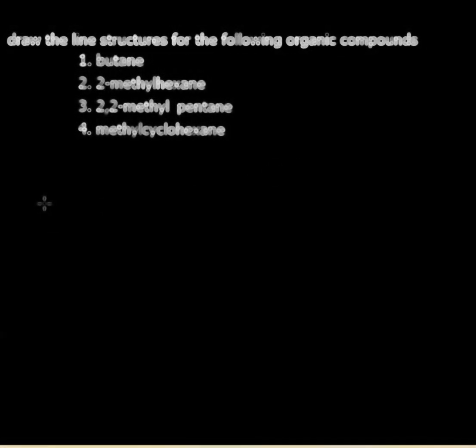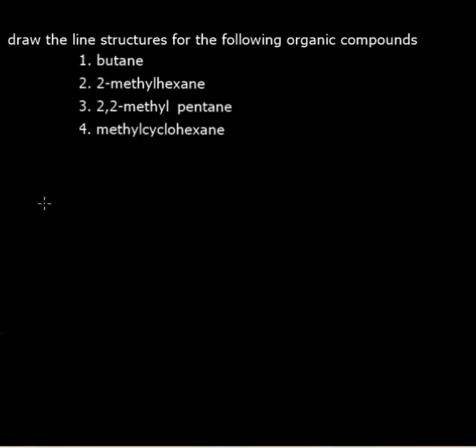So let's say you are told to find or draw the skeletal formula for the following organic compounds. The first thing that you must know is how to draw a structural formula for each and every organic compound. In this case, firstly you are given butane.